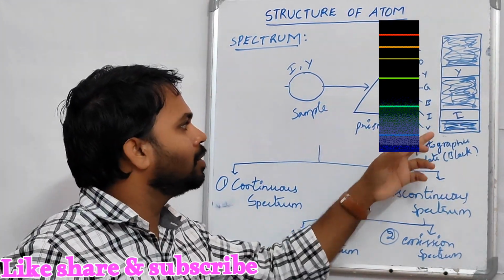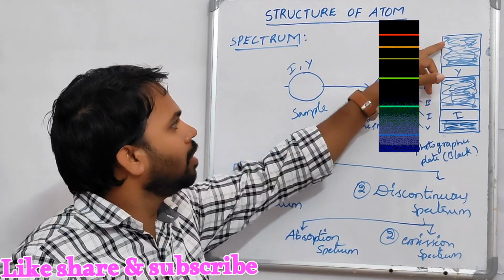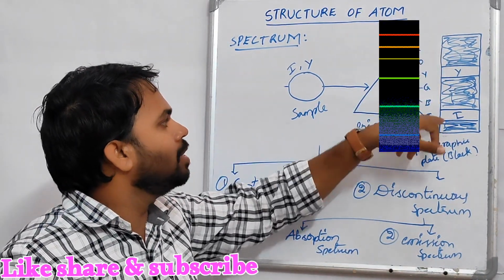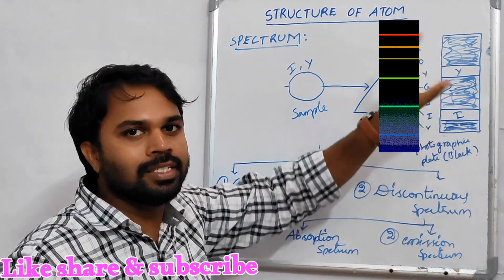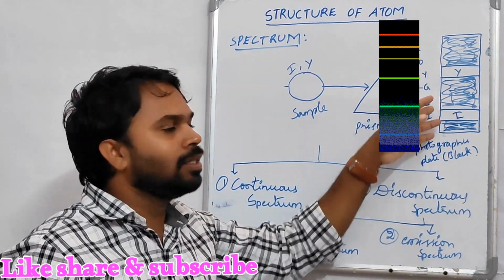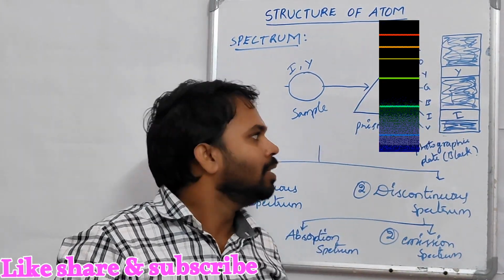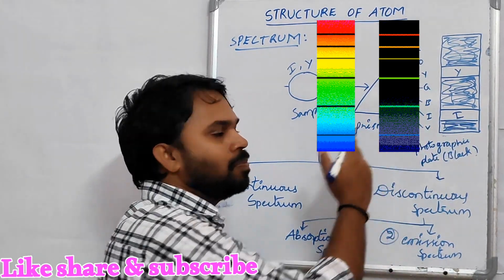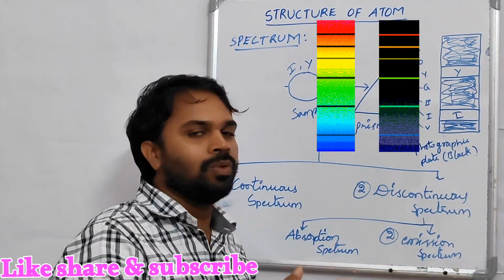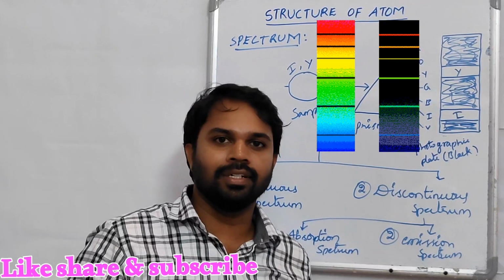Emission spectrum contains colored lines on a dark background. The plate is dark in color, and only these two color lines are present on this plate. Colored lines on a dark background. This is emission spectrum. When compared, the emission spectrum and absorption spectrum are photonegatives of each other.